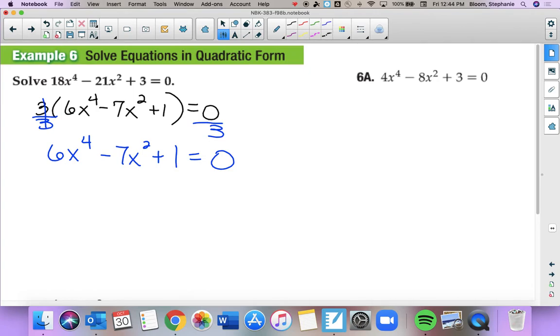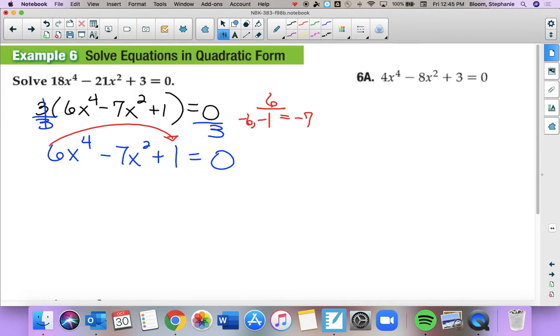Okay, so when I have a trinomial, I can look and see if it's factorable, right? So let's see. Multiply first and last. So I'm looking for factors of 6 that add to negative 7. Will there be any factors of 6 that add to negative 7? Negative 6 and negative 1, yes. Can I shortcut factor this one?